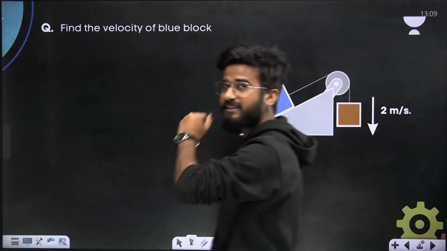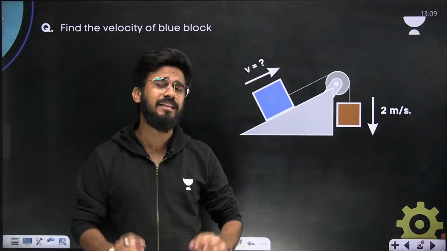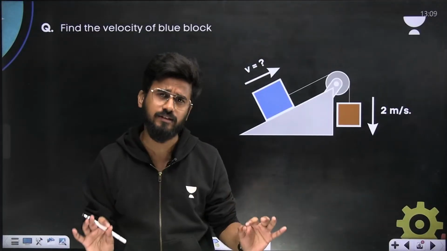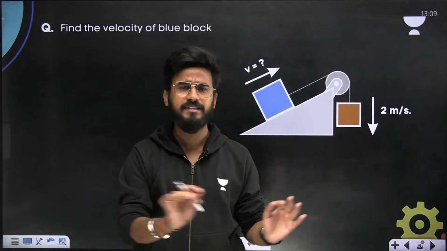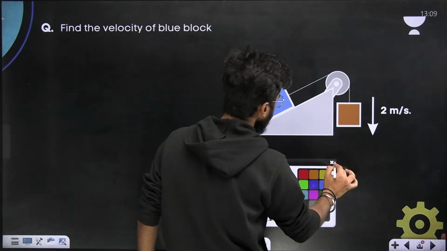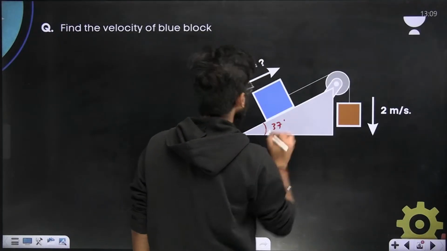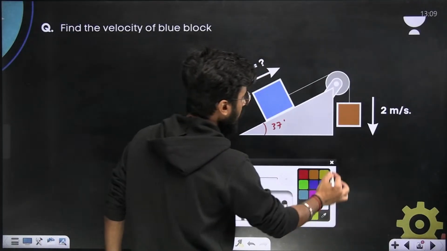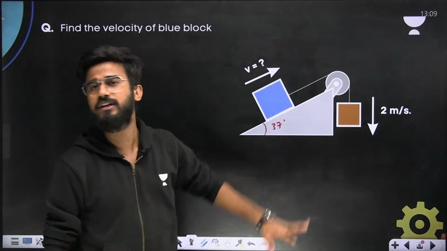Now let us understand one more problem. Till now we have understood that if we have any 2 points in a string, then along the string the velocities of those points will be the same. Let me take one example: suppose this angle is 37 degrees, and this block is going in this direction and this one in that direction.